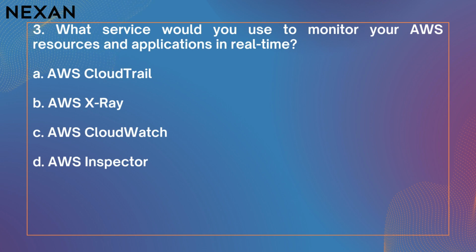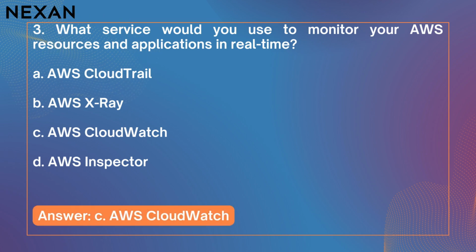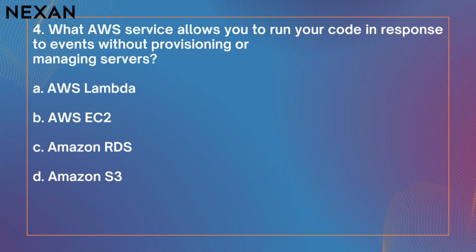3. What service would you use to monitor your AWS resources and applications in real time? A. AWS CloudTrail. B. AWS X-Ray. C. AWS CloudWatch. D. AWS Inspector. Answer: C. AWS CloudWatch. 4.